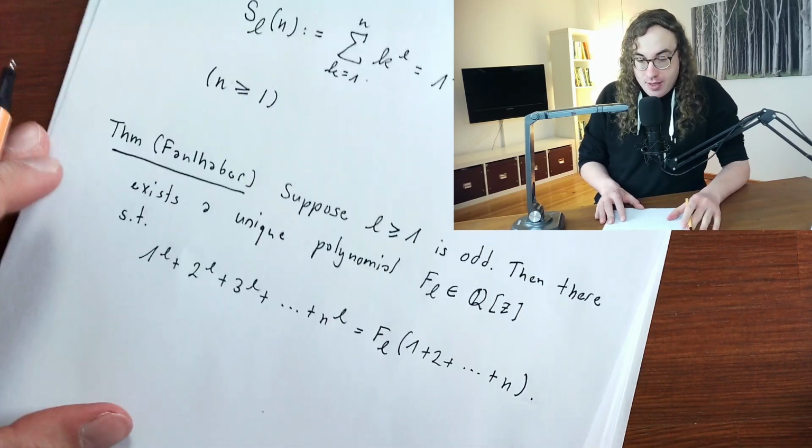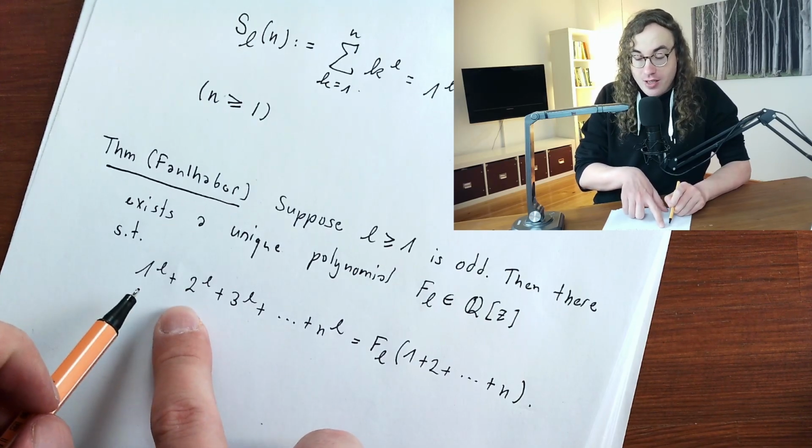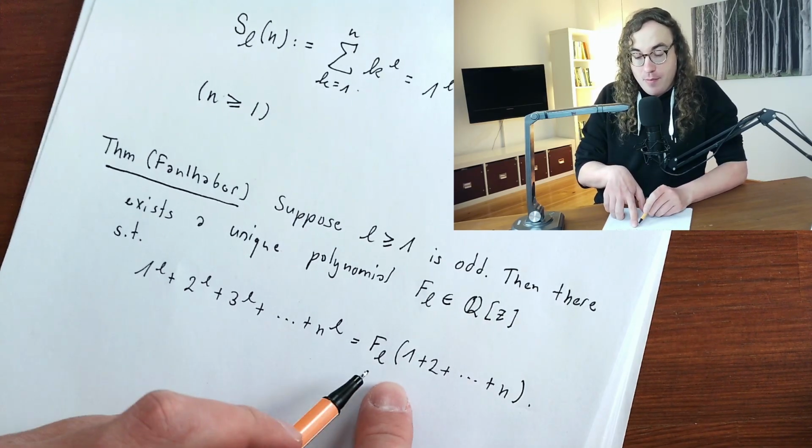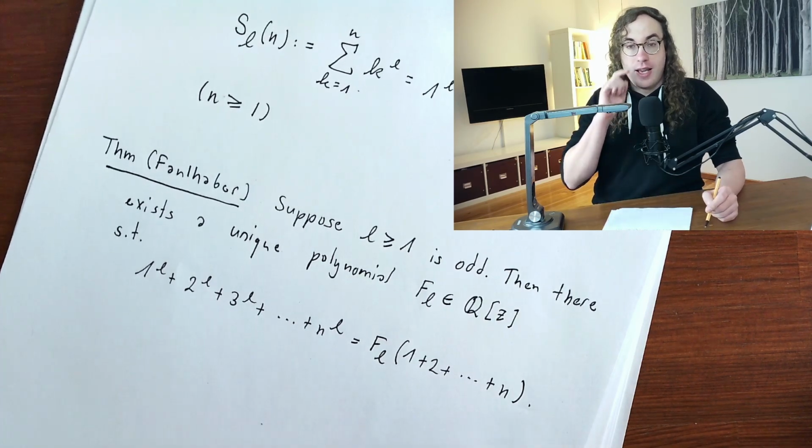So the statement is that whenever the powers are odd, it's possible to express this sum as a polynomial just in 1 plus 2 plus and so on till n.